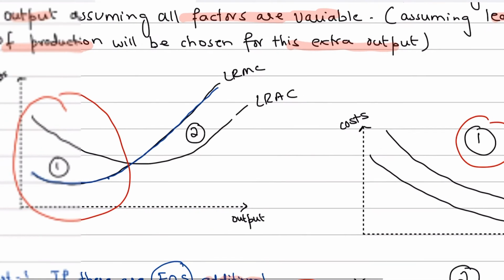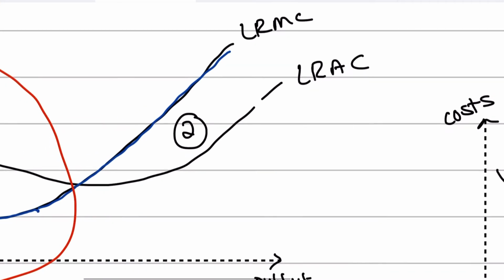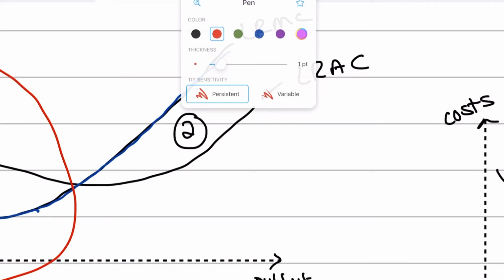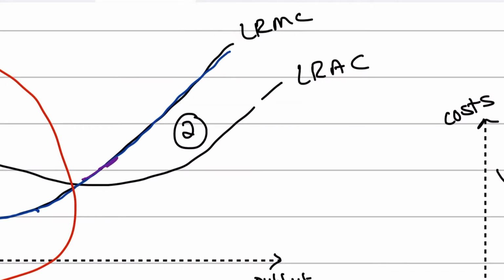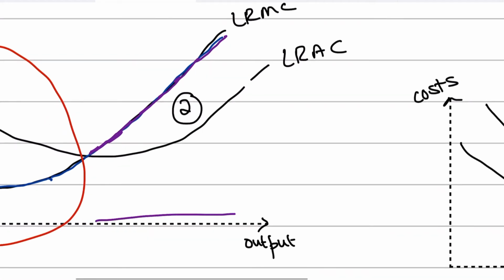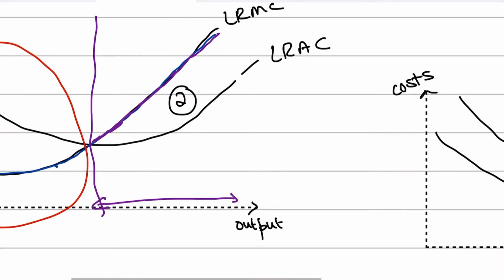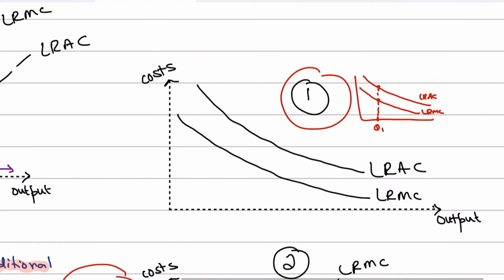And then we can see in part 2 of this curve that the marginal cost lies in this range of output. For this entire range of output, the marginal cost lies above the average cost, and that is due to diseconomies of scale.